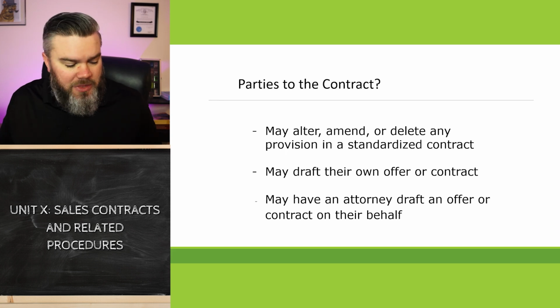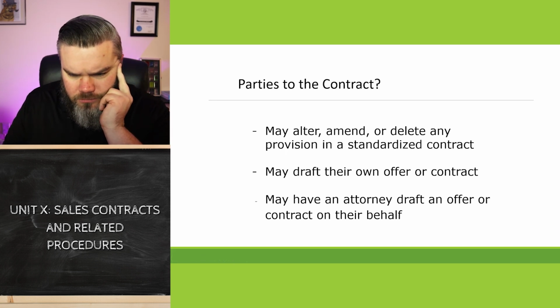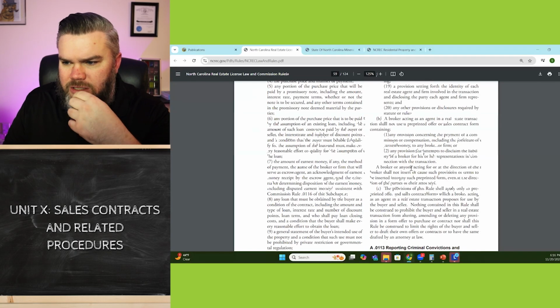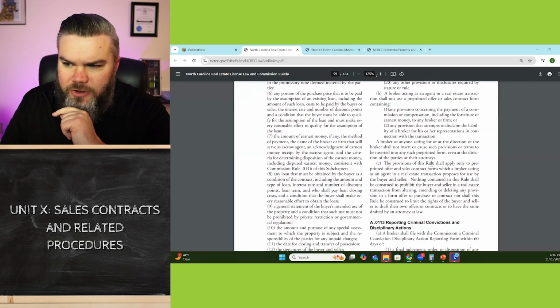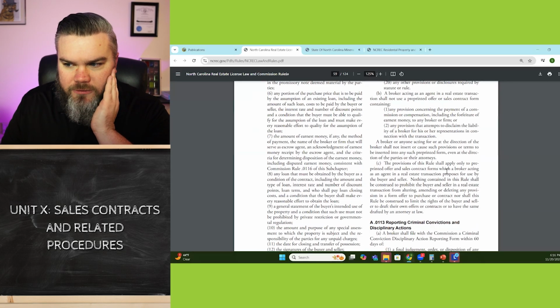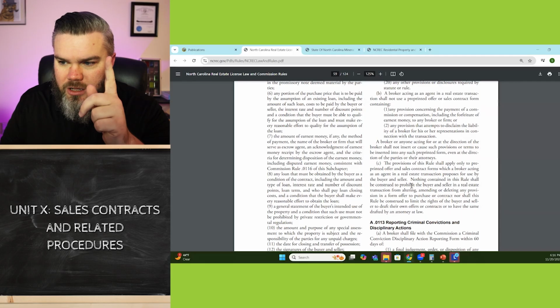There's nothing prohibiting that. And so let me show you where it specifically states this back in the license laws and commission rules. If you keep reading into this, it says, the provisions of this rule shall apply only to pre-printed offer and sales contract forms which a broker acting as an agent in a real estate transaction proposes for use by the buyer and seller.